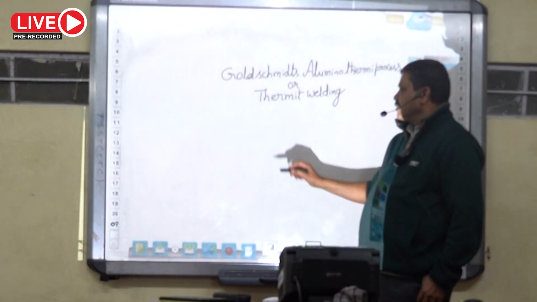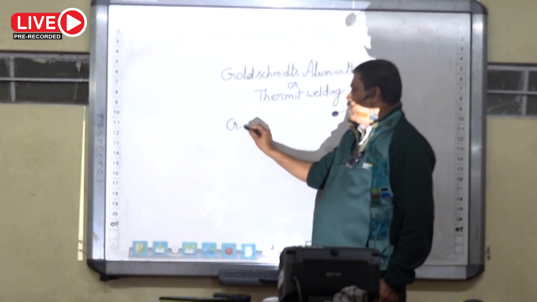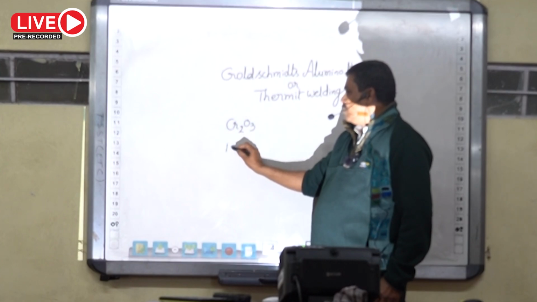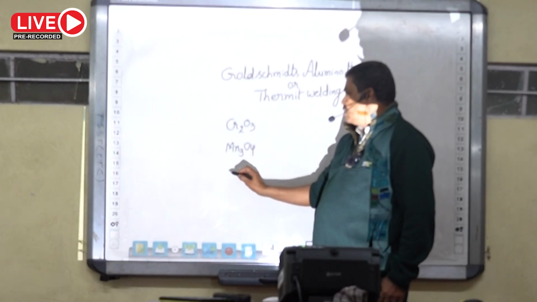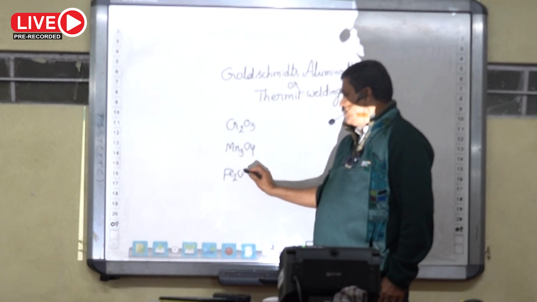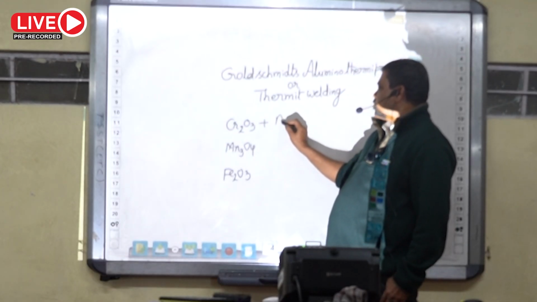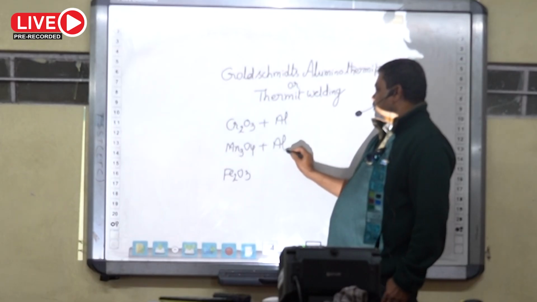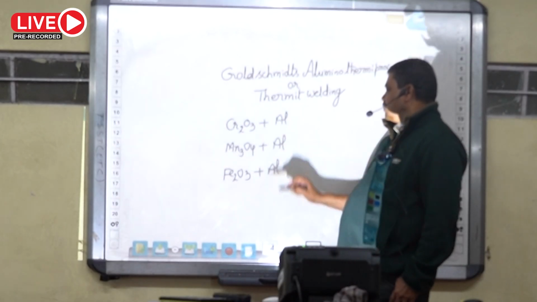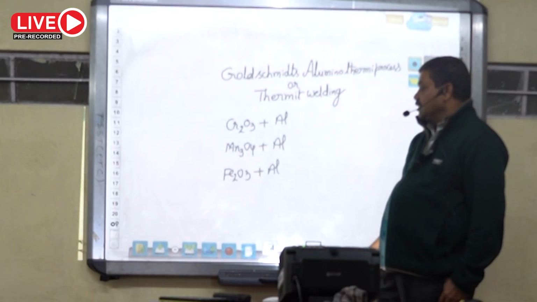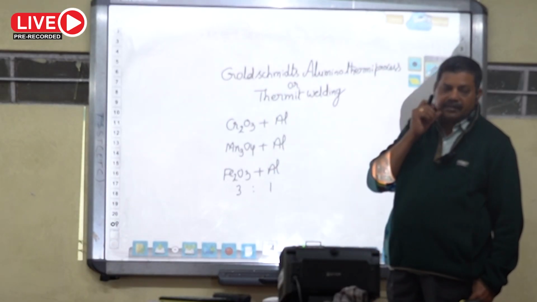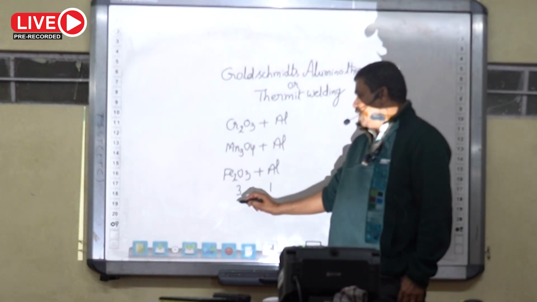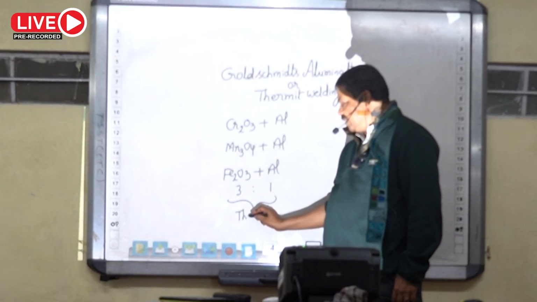In thermit welding, metal oxides like chromium oxide, manganese oxide, iron oxide are reduced by aluminium. Actually, they take metal oxide and aluminum powder in a 3:1 ratio, and this mixture is called thermit.